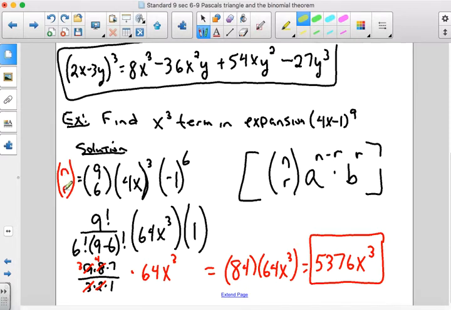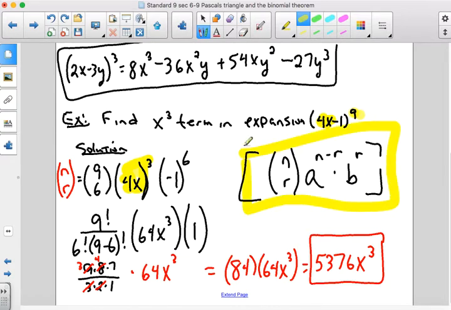N choose r is going to be 9 choose 6. Okay? Now the reason I said choose 6 is because I want to find x to the third. So since this is the term with x, I want this to be the term that has the 3 in it. Remember what the formula says.